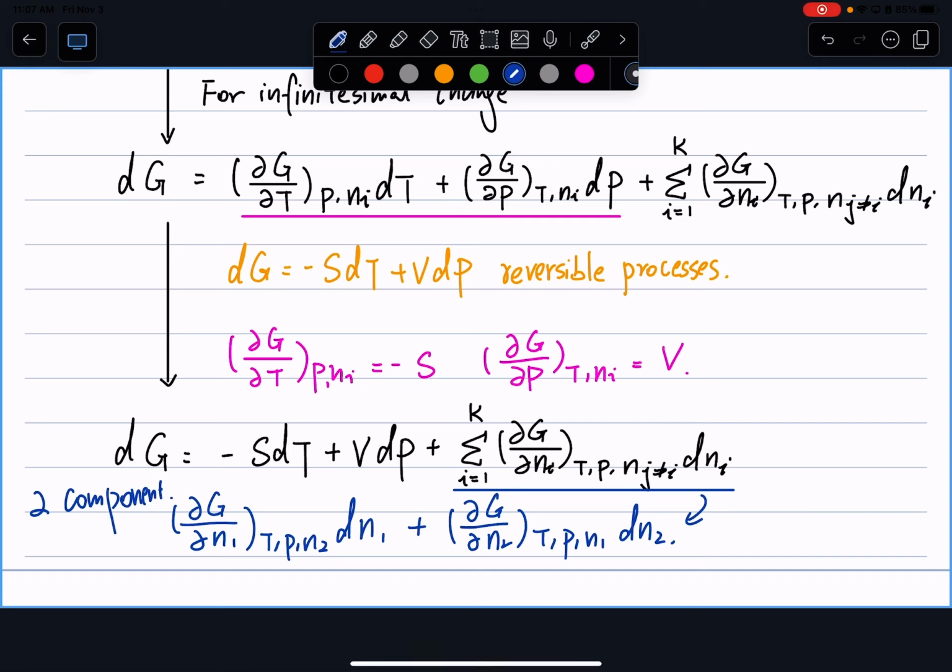So it looks horrible, but it's just to simplify a little bit.